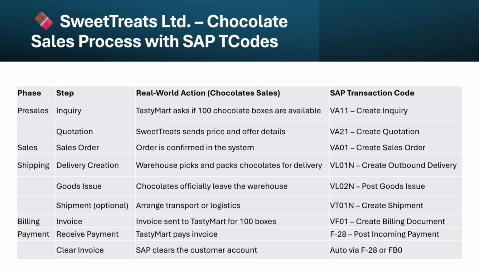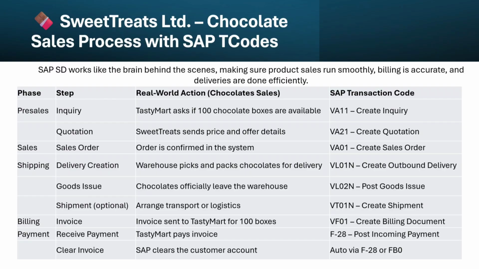And all the accounts receivable and finance related documents will be managed by the finance and controlling module. So this is the end-to-end summary of how the sales process can be managed in SAP.